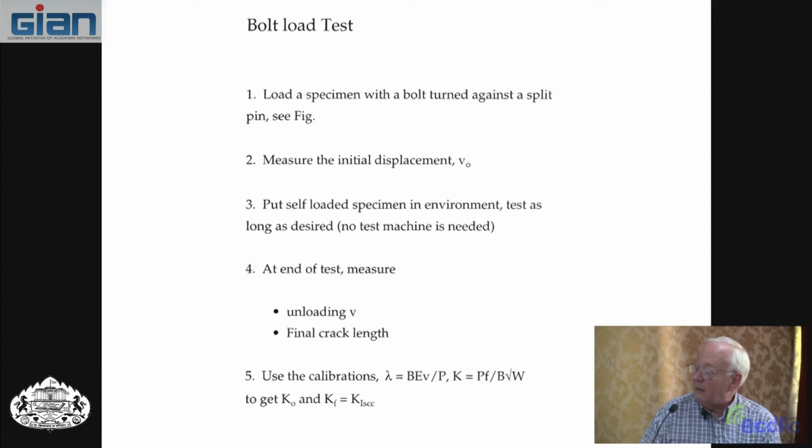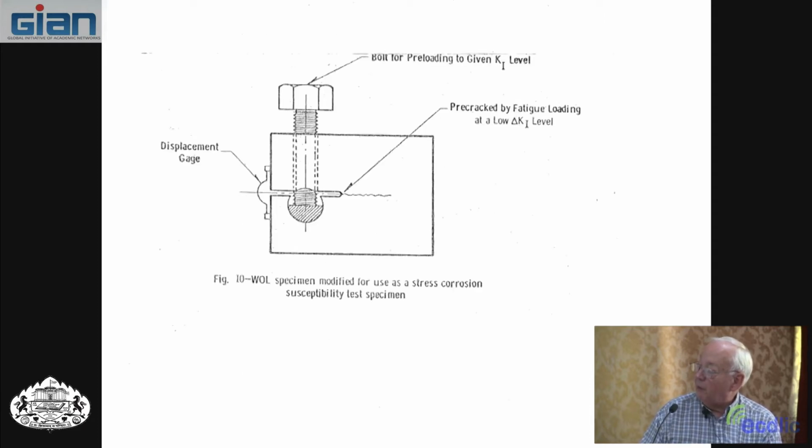At the end of the test, then you have to take the specimen out, unload it, and then somehow break it open. Now we'll talk more about breaking open specimens. If you're testing steel and you want to break them open without much damage, the thing to do is to drop them into a liquid nitrogen bath or something very cold. If you put them in a very cold bath, then they get brittle and they break open easily without any deformation.